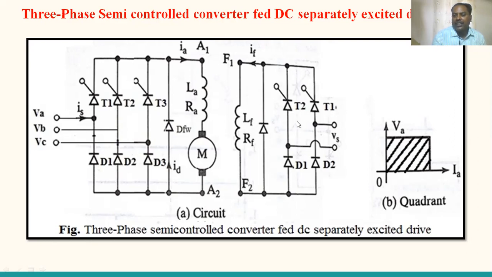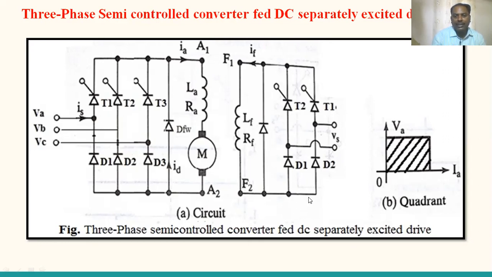Similarly, the field is fed from a controlled converter if field control is necessary. Otherwise, it is fed through an uncontrolled converter so that field control is not provided. Correspondingly, the coordinate operation in the first quadrant is shown. So this diagram describes the three-phase semi-controlled converter for a DC separately excited drive.